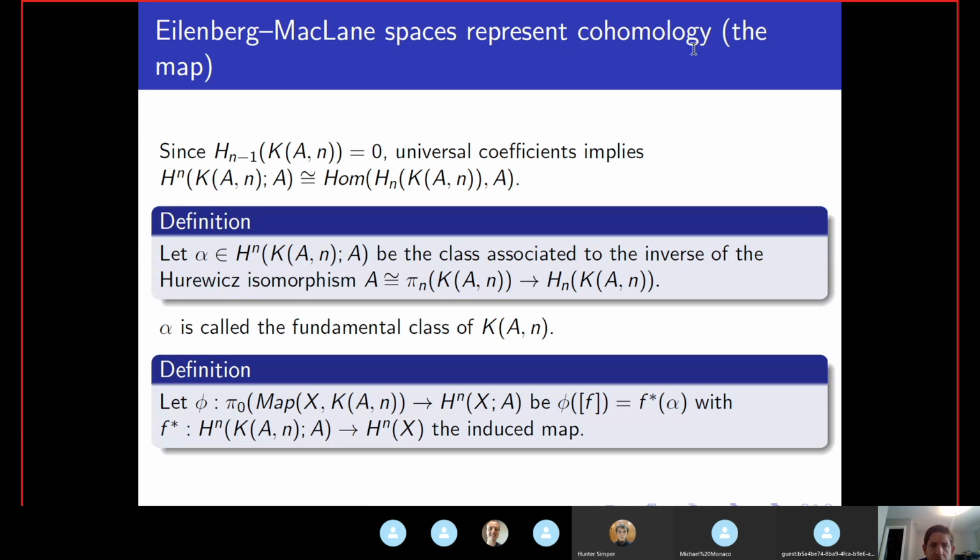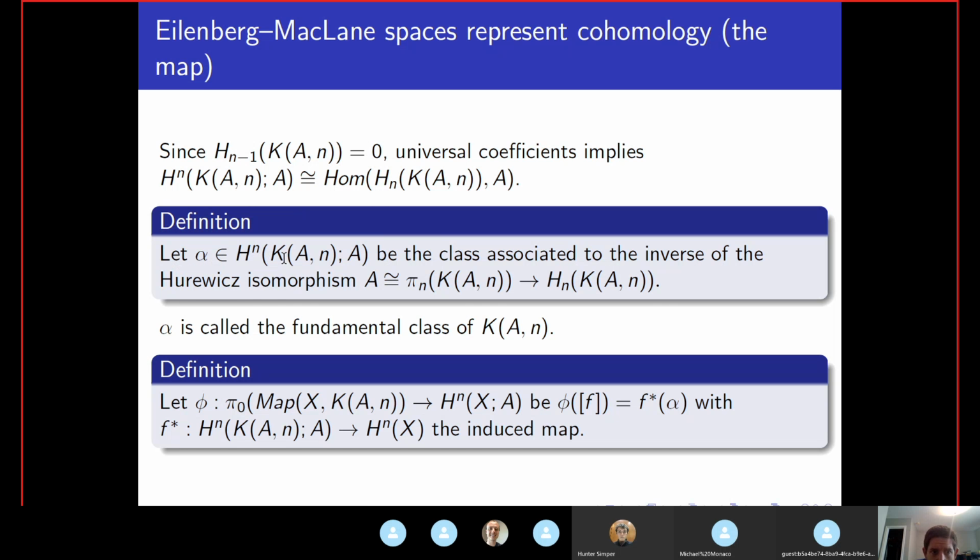So, by Hurewicz, the homology of Eilenberg-MacLane spaces vanishes below degree n. So universal coefficients says that the nth cohomology is just Hom from the integral homology into A. And we're going to use this isomorphism to construct a canonical class in the cohomology of Eilenberg-MacLane spaces called the fundamental class, which we denote by alpha.